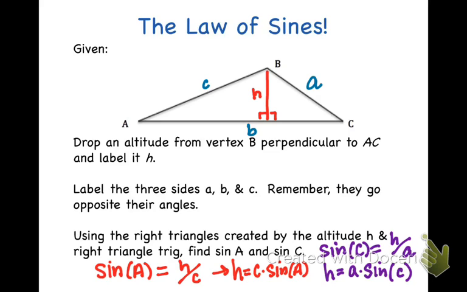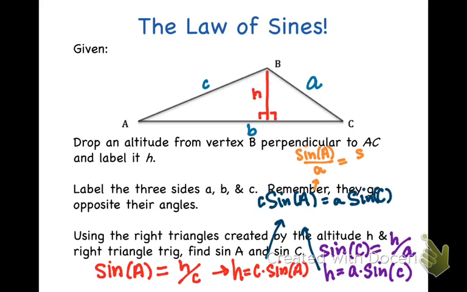So together, I now get that C sine of A is equal to A sine of C, and then just doing a little bit of cross division, and I'm sorry that this is a little crazy, I'm working backwards here, I now get sine of angle A over side A equals sine of angle C over side C, which is one of the pieces of my law of sines.